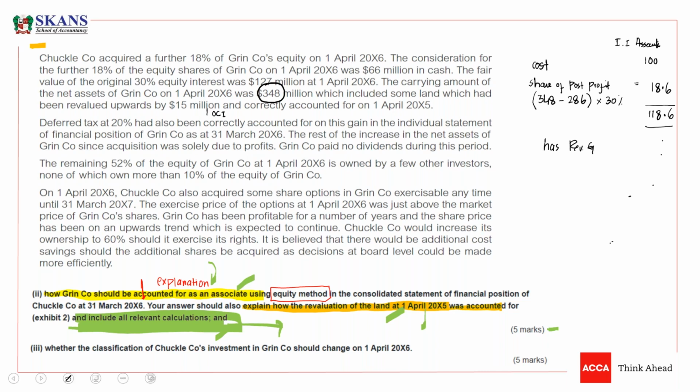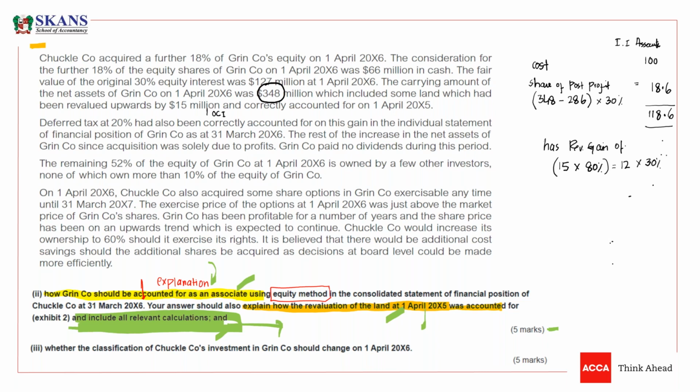It has revaluation gain of 15, but it has 20% tax on it. So it means we have 80% of this amount. Now 15 into 80% will give you 12. It has revaluation gain of 12, and we just pick 30% of 12.